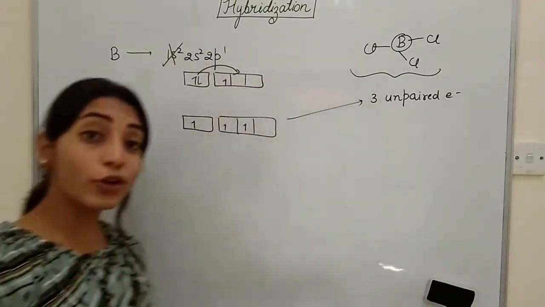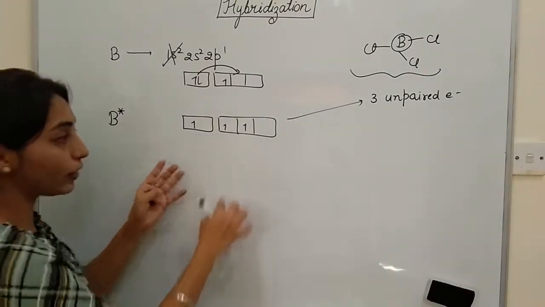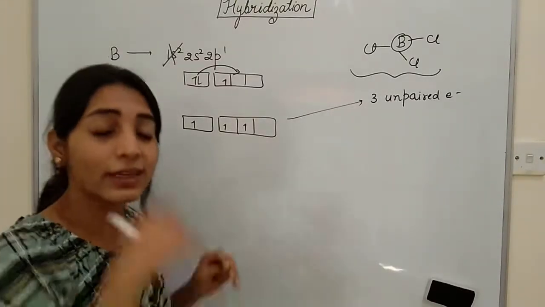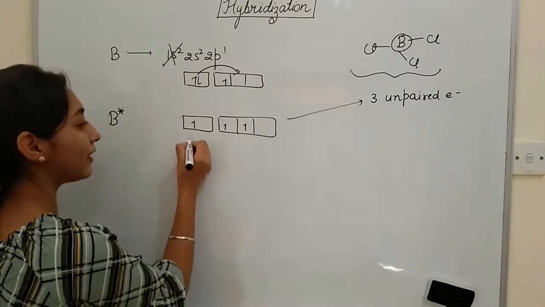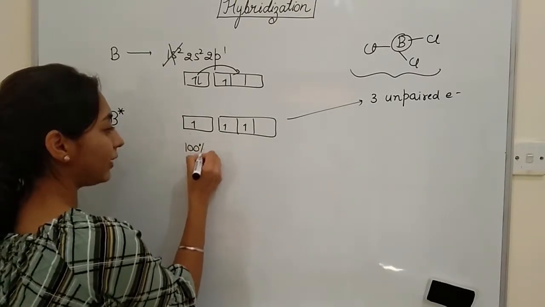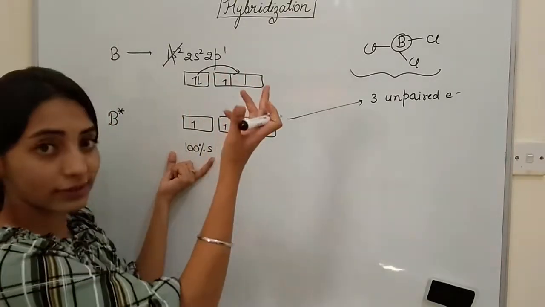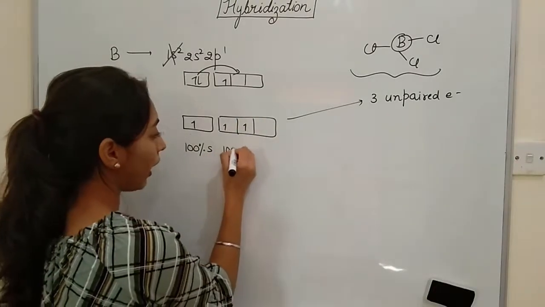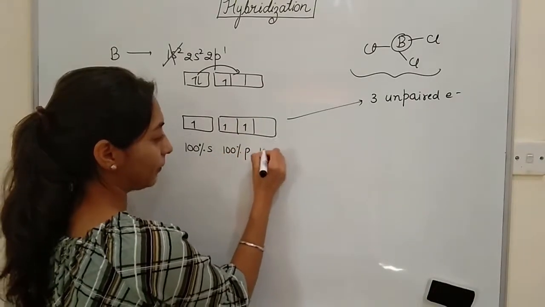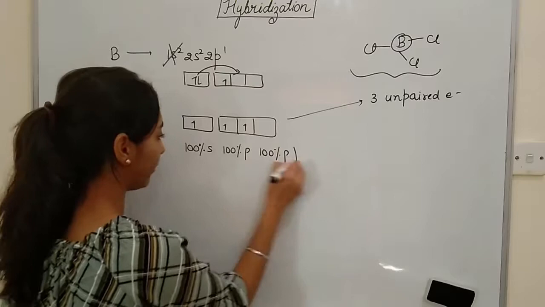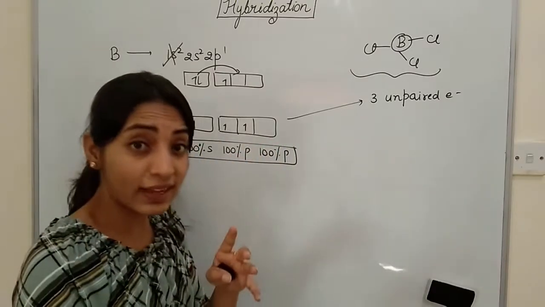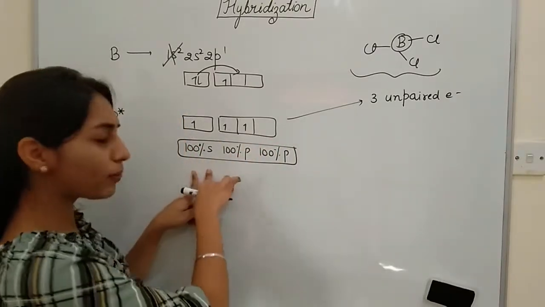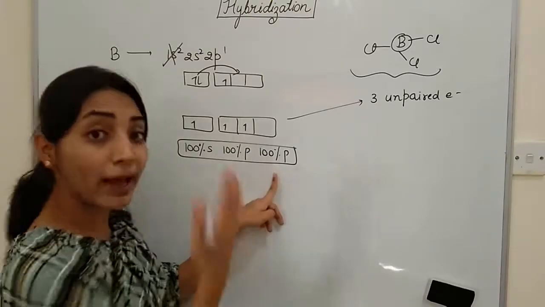But before you move forward, 3 chlorines will come to combine with this. I told you that this is 100% S, because it is an S orbital, and these two are 100% P. These are the characteristics that we have. Think of it as orange juice, pineapple juice, apple juice.